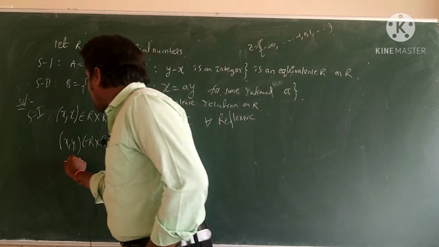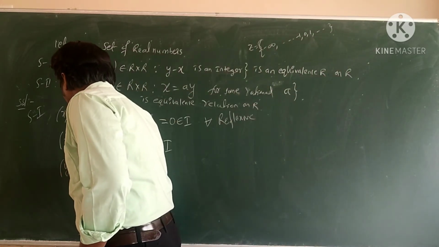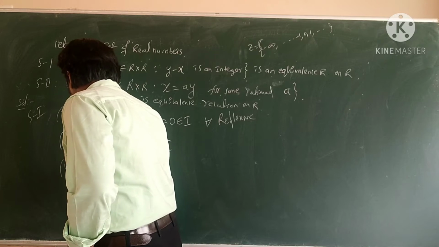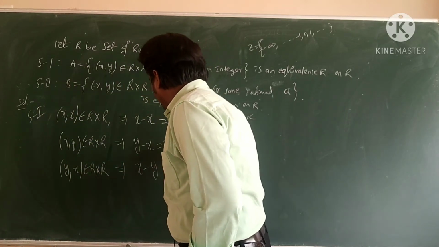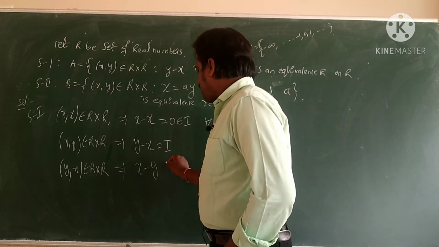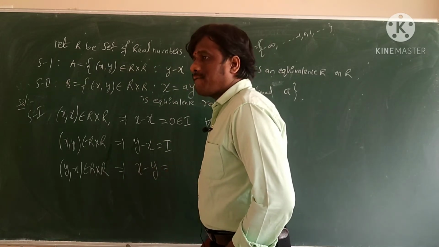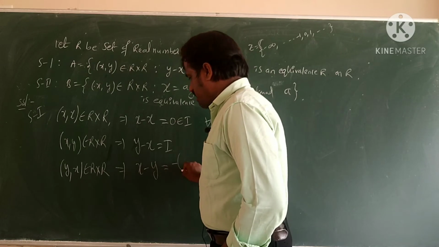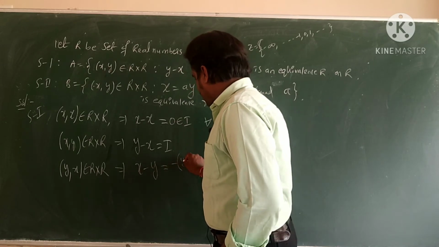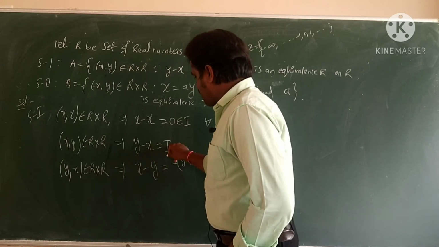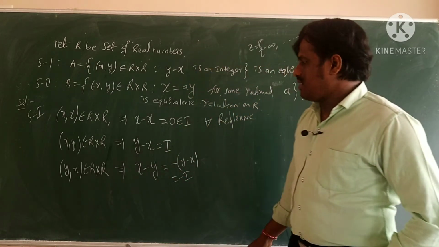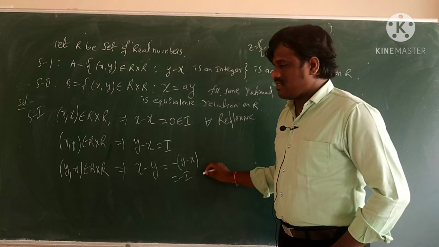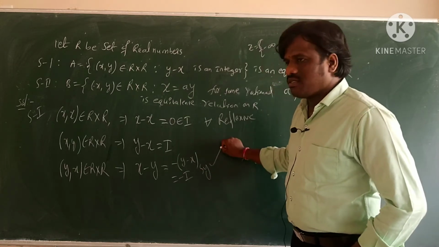If I take (y, x) belongs to R cross R, will x minus y also be an integer? Yes, you can take minus common. So I will get y minus x; if y minus x is an integer, then I get minus of an integer. It means it satisfies symmetric. So it is symmetric.